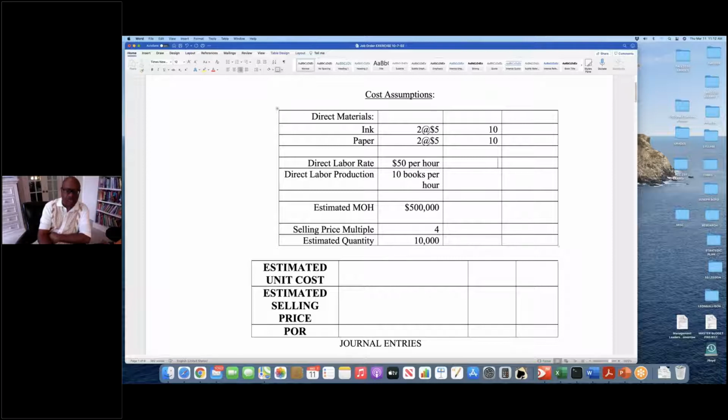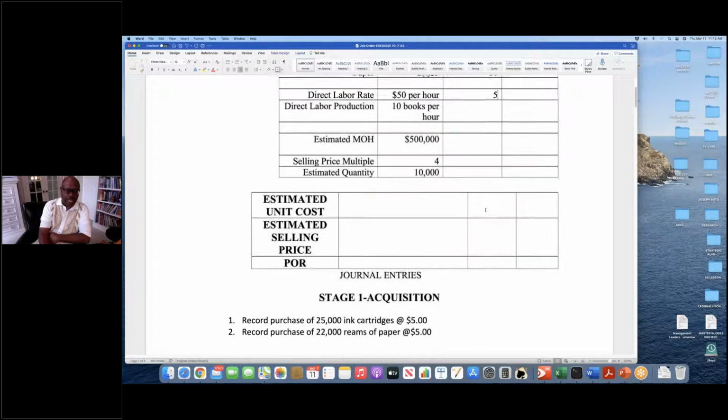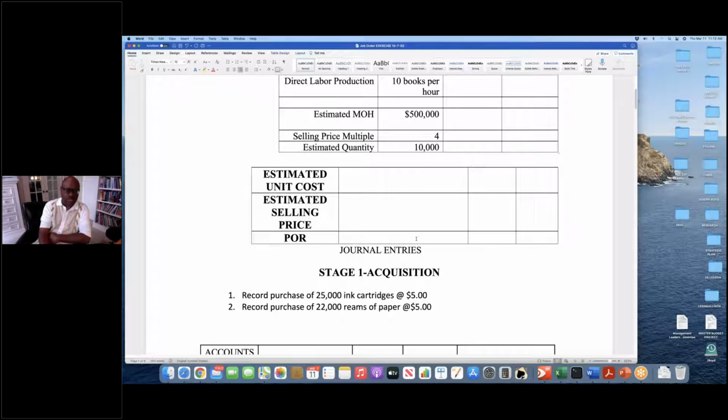Divide. Okay, so this is going to be 5. Now, we got the labor, the ink, and the paper. We now need to get this overhead in on a unit basis. And so to do that, we're going to come into our POR area.